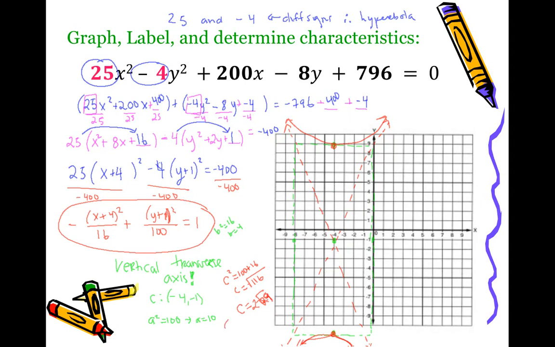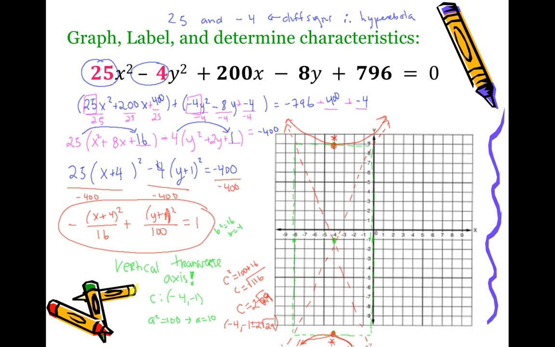So it would be -4, -1, plus or minus 2 root 29. Right, so 2 root 29 is about what? It's between 10 and 11. 1, 2, 3, 4, 5, 6, 7, 8, 9, 10. So like right here. And that would be down 10, so like right here would be my focus points.